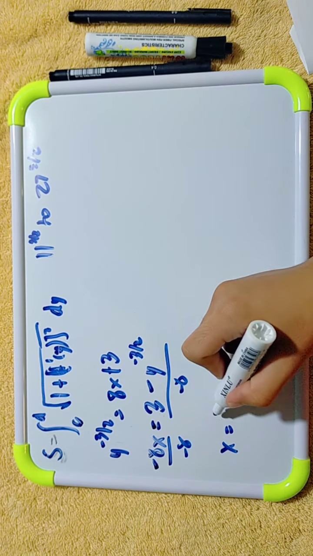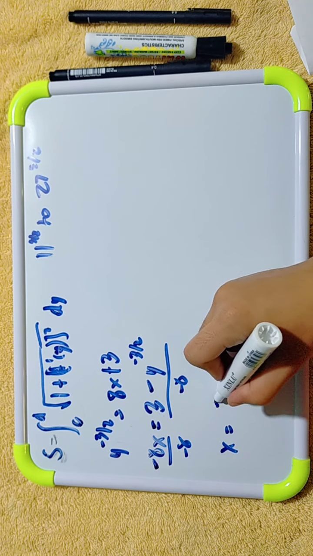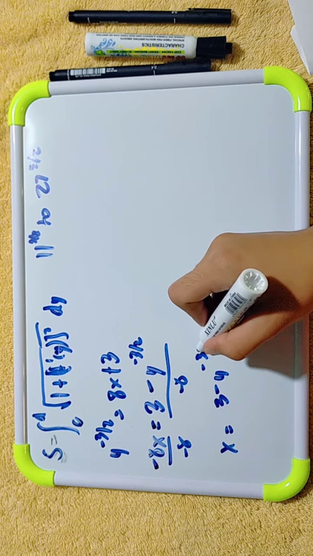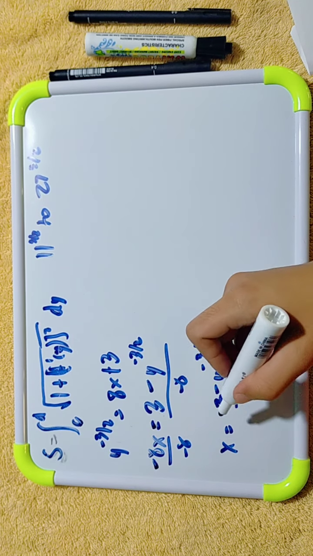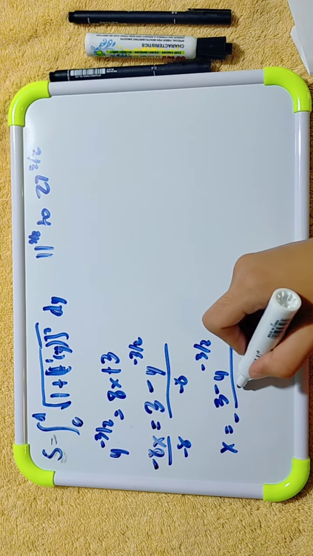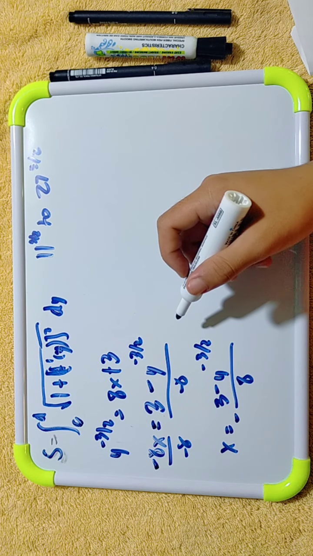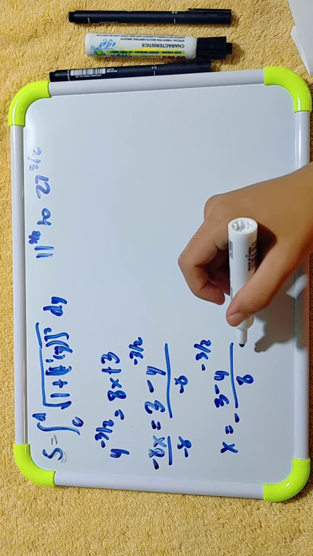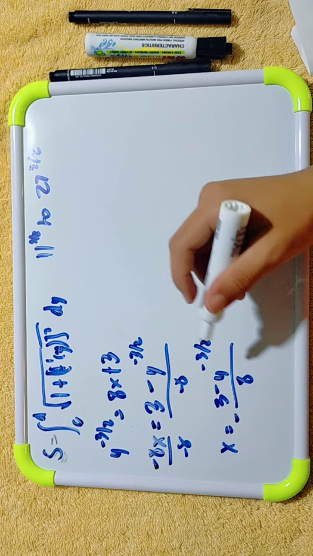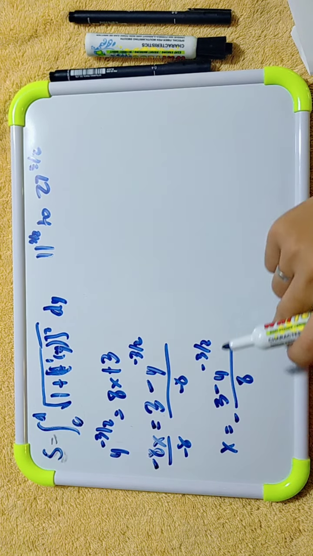So, x is equal to 3 minus y raised to negative 3 halves, negative there, over 8. And then, let's take its derivative, so f prime of y in terms of y.